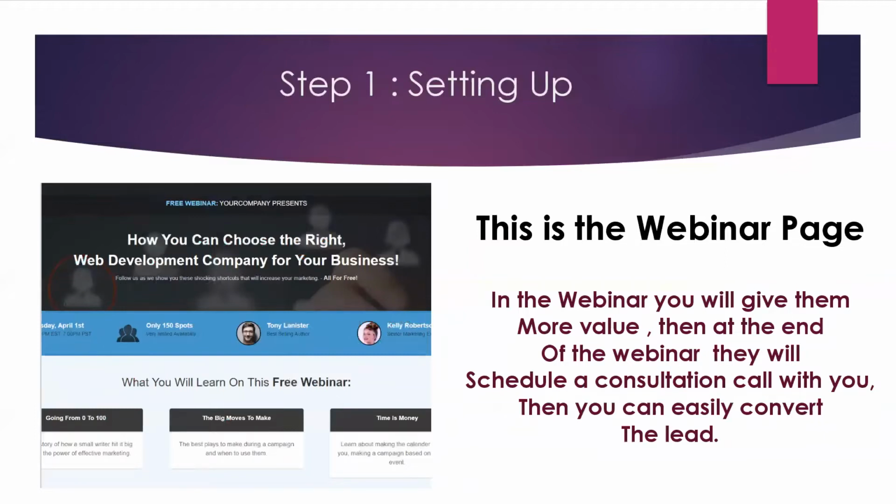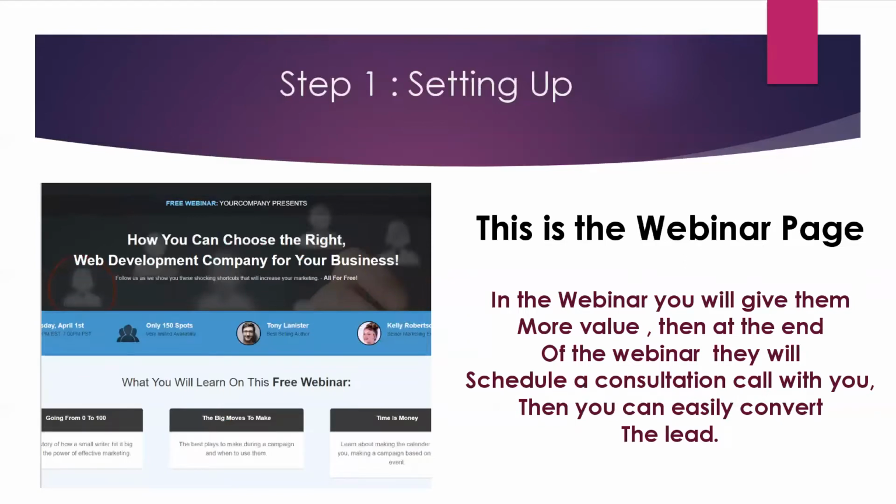So what I suggest also, I previously did a funnel where I connected Schedule Once, which is an online scheduling software. I integrated it into my funnel. I also suggest this because it's easy for people, they don't need to call you to set up an appointment with you. You can integrate the scheduling page into your funnel.